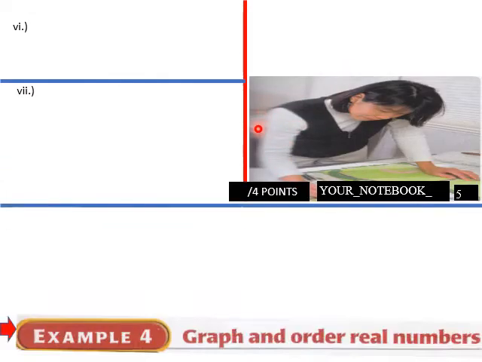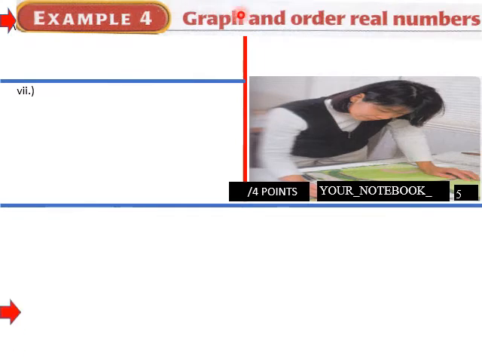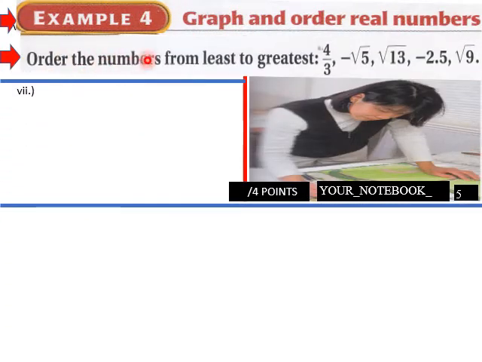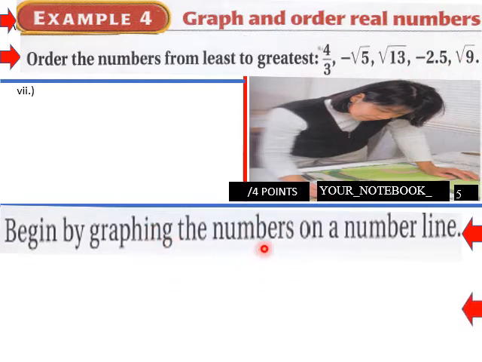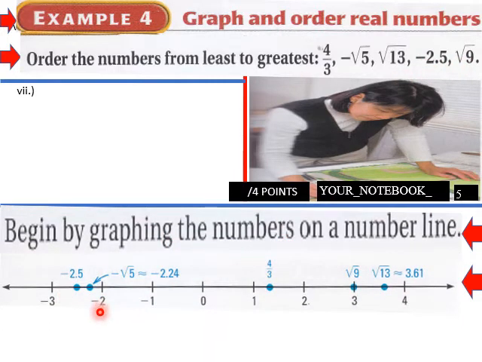Let's graph and order real numbers now. Order numbers from least to greatest, and here they are: 4/3, negative square root of 5, square root of 13, negative 2.5, and square root of 9. Begin by graphing the numbers on a number line. Here they are: negative 2.5, and then negative square root of 5, which is negative 2.24, then 4/3, square root of 9, and square root of 13, which is 3.61.